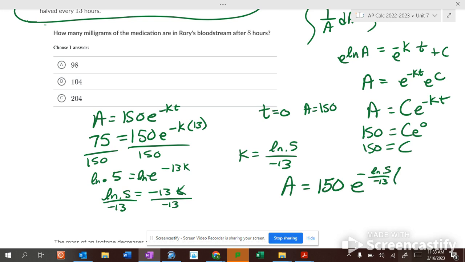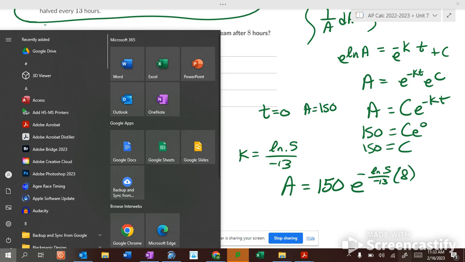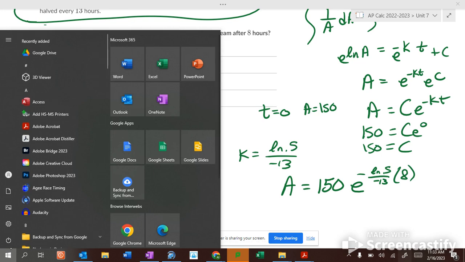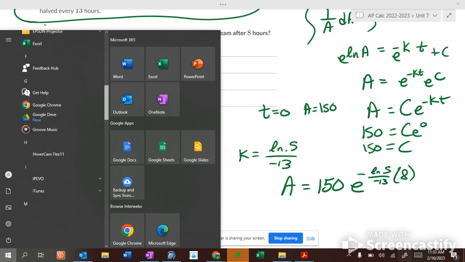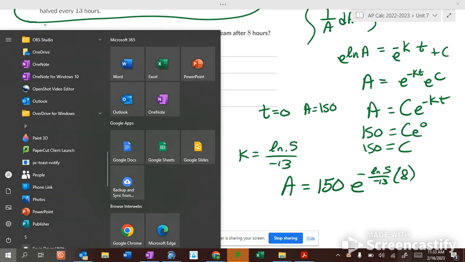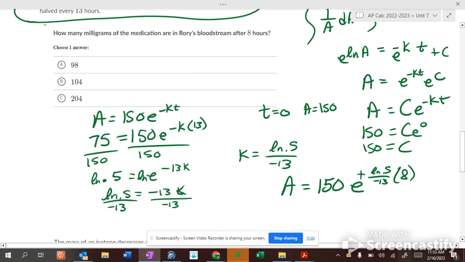And then the time is 8 hours. So you grab your calculator. That would be, yeah, so there's not a negative there.